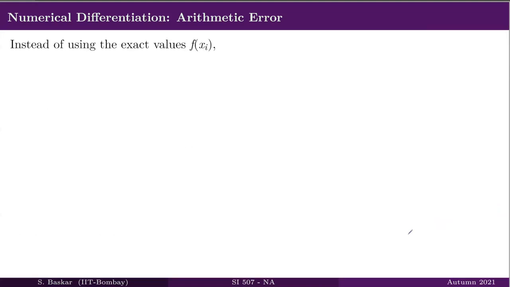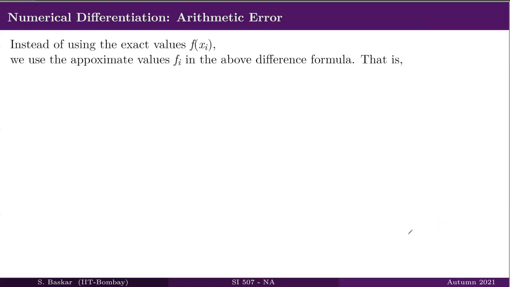So instead of using the exact value, we are using only the approximate values in our difference formula. That is, we have f2 minus 2 into f1 plus f0 divided by h square. We will use the notation dh2 bar of f of x here to denote that we have used only the approximate values of the function and obtained the value of the central difference formula evaluated at x.